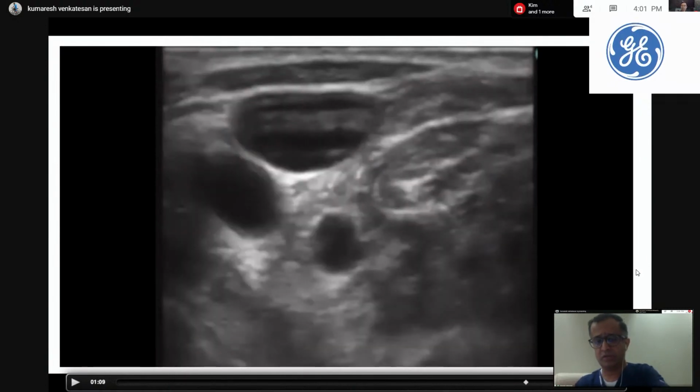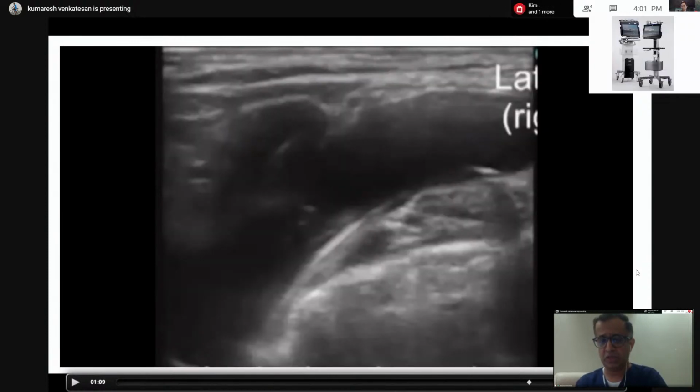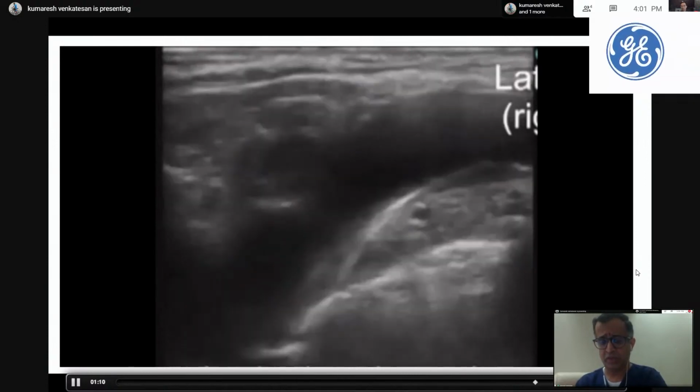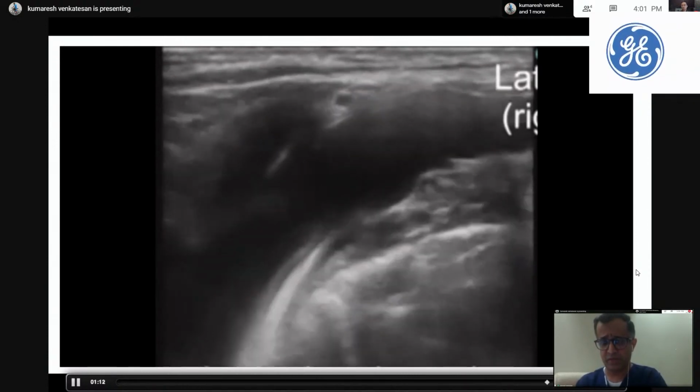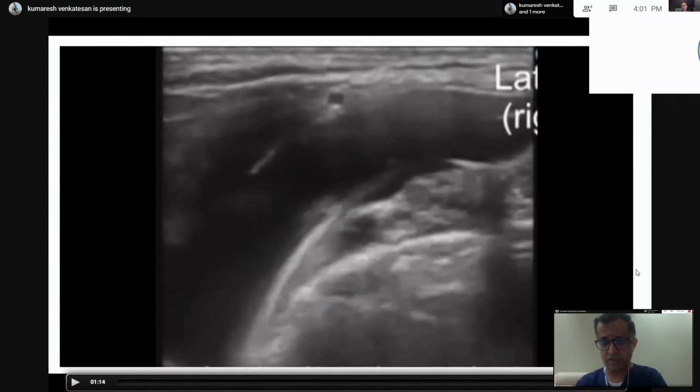If you go back, here there's no guide wire seen in the internal jugular vein, and now he's looking in the brachiocephalic vein, that's the confluence of the subclavian vein and the internal jugular vein, and that becomes the brachiocephalic vein. You can see the guide wire there. So that way, the operator confirms that he has passed the guide wire into the right vessel.